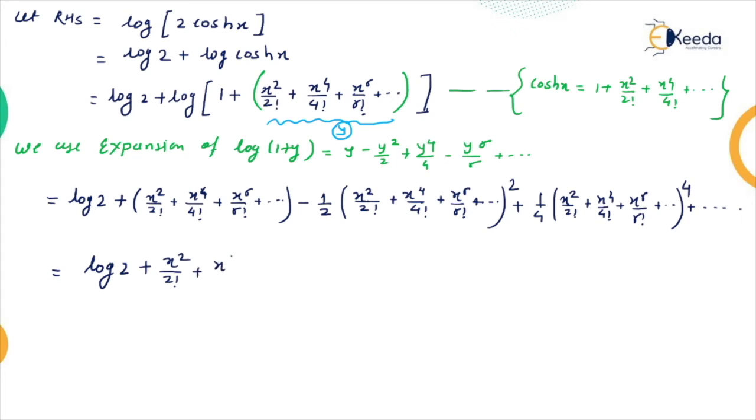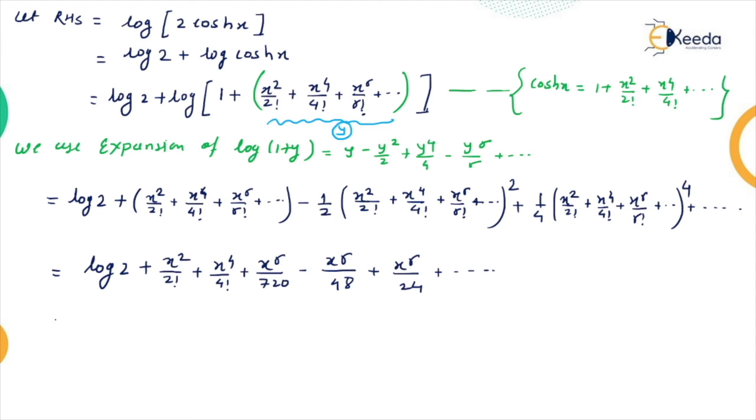Plus x raised to 4 upon 4 factorial plus x raised to 6 upon 720, that is 6 factorial, minus x raised to 6 upon 48. After calculating we get these steps, guys, plus x raised to 6 upon 24 and so on.